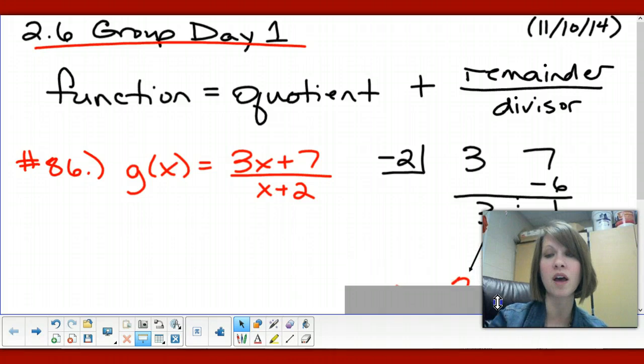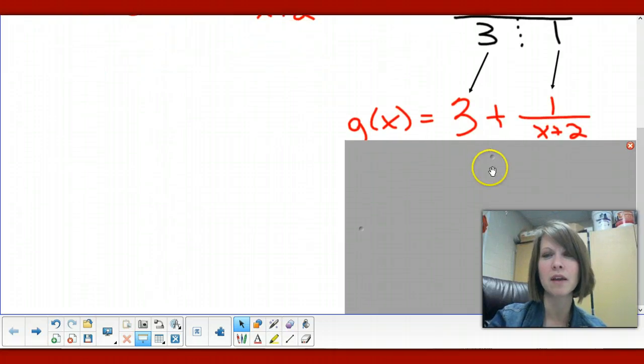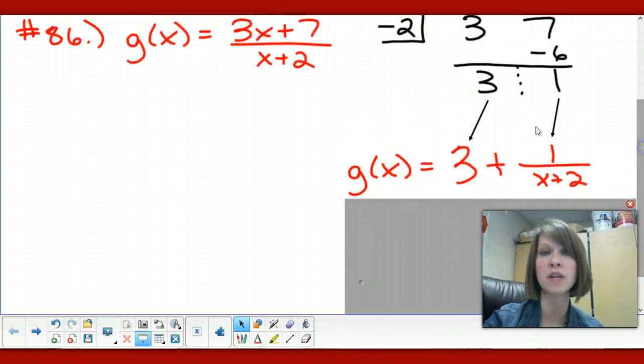And then the 1 is our remainder. I know you can't see that because of my head, so let me scroll down. Okay, so in the synthetic division, the 3 is now this big constant number. And then the 1 is positive, so we're going to say plus 1 over x plus 2. Remember, we always put our remainder over what we divided by, and that was x plus 2.